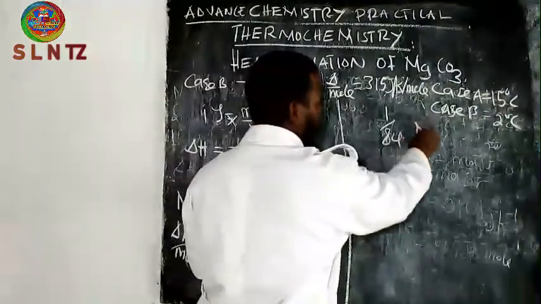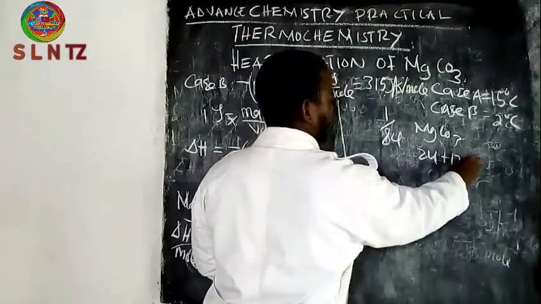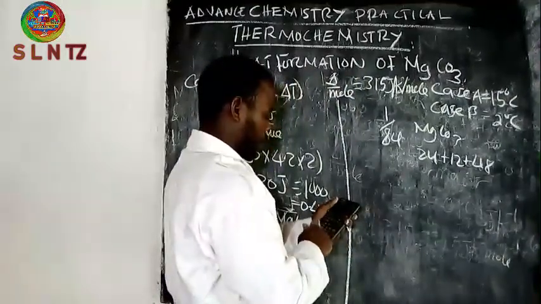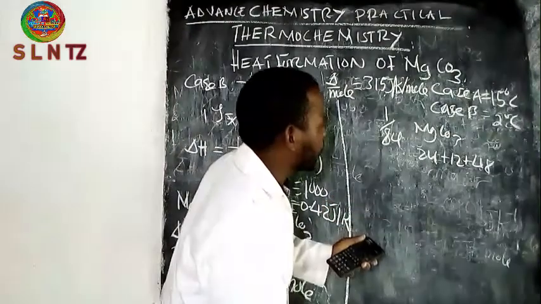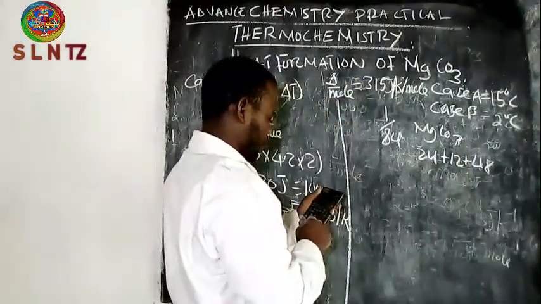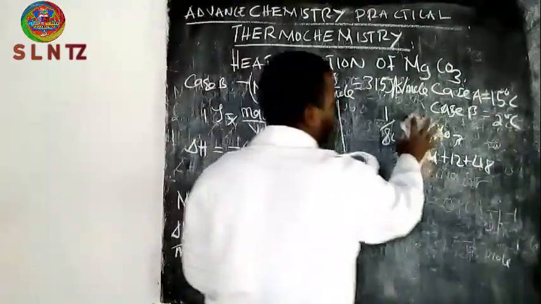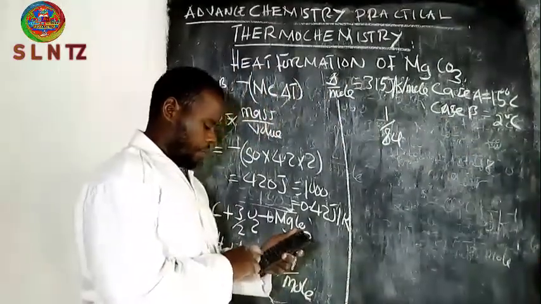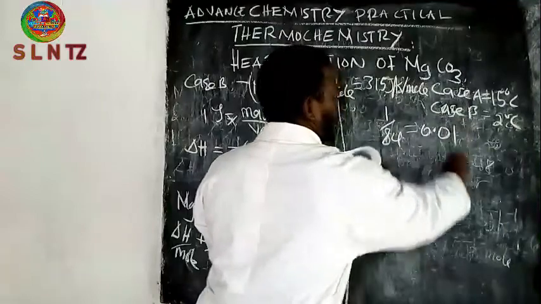For magnesium carbonate, this is 24 plus 12 plus 48, which is 84, yes, 84. 1 divided by 84 is equal to 0.01.